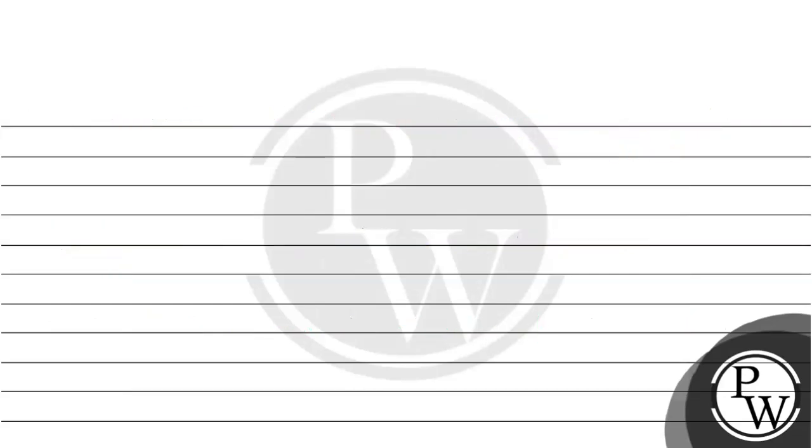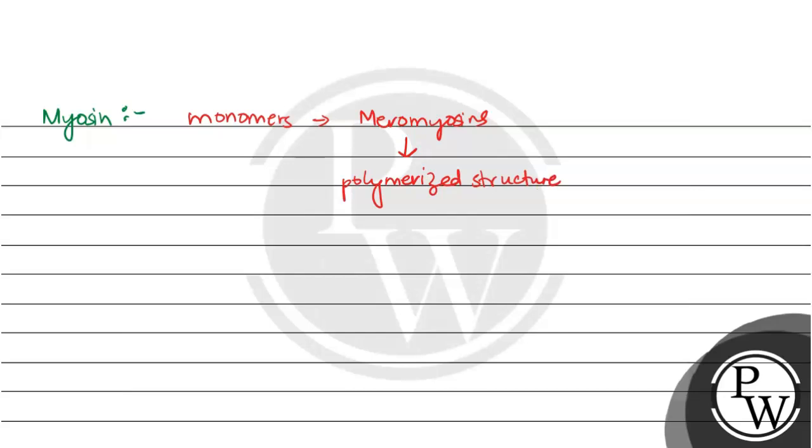So coming to myosin, the second structure is the myosin. The monomers of myosin are called meromyosins, and these also ultimately polymerize to form a structure. Meromyosin has two structures.